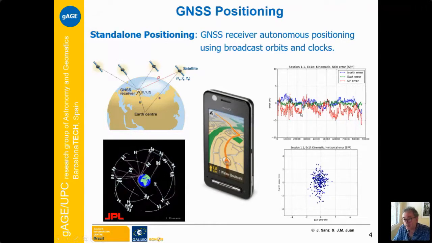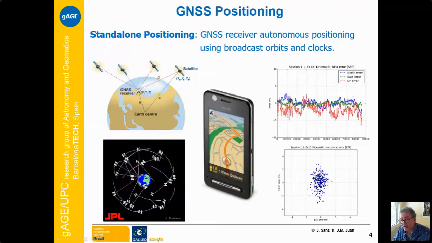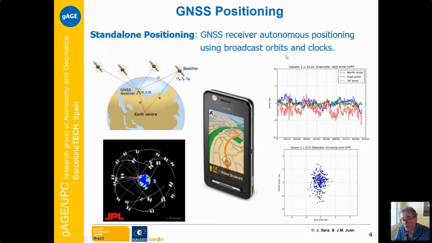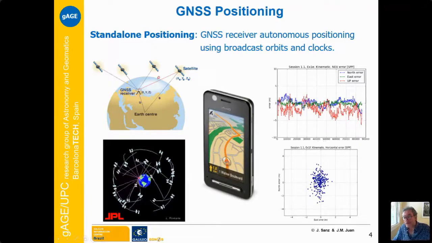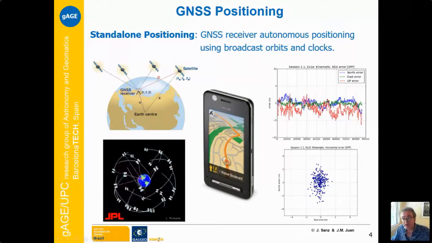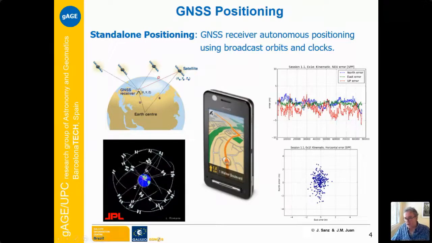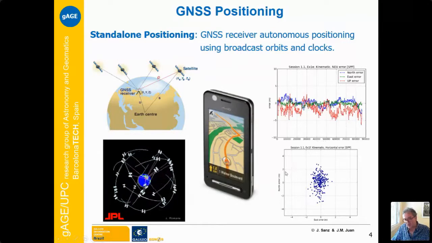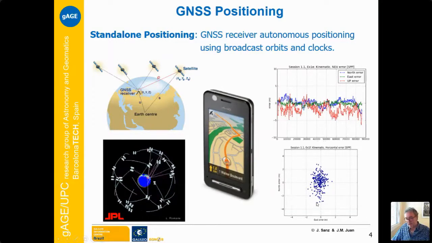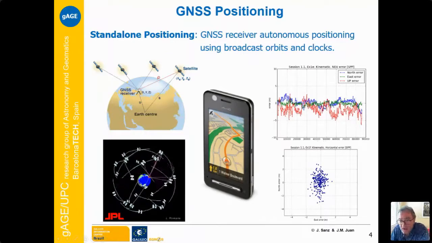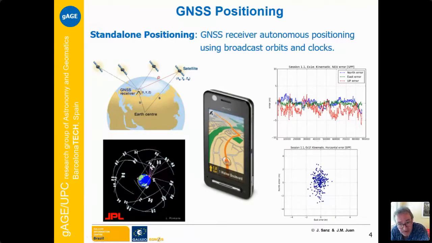As you can see, this is a nice figure. Using only code and only broadcast orbits and clocks, we can achieve few meters level positioning. And this is in the horizontal domain. It depends, of course, on the satellite geometry.